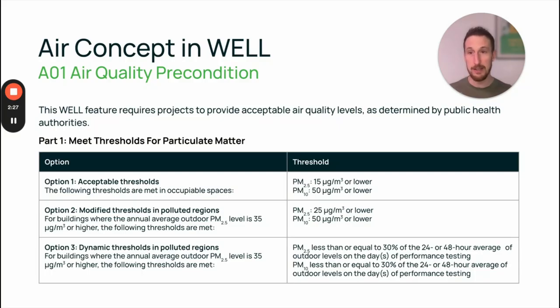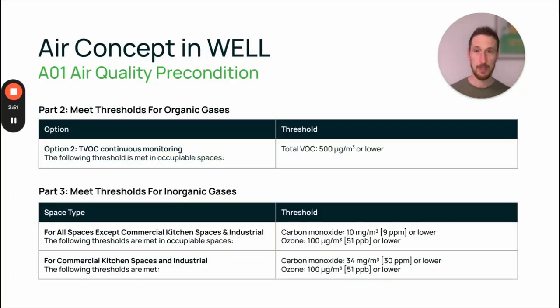And that ensures that even in cities where there's really bad outdoor air pollution, if buildings are filtering a high enough percentage of outdoor air to ensure basic good indoor air quality, there's a pathway for them. Now, this can be achieved using sensor data from sensors that are installed on the walls.